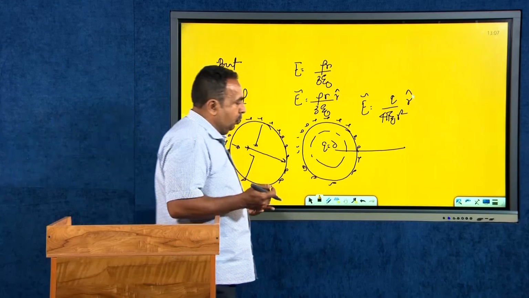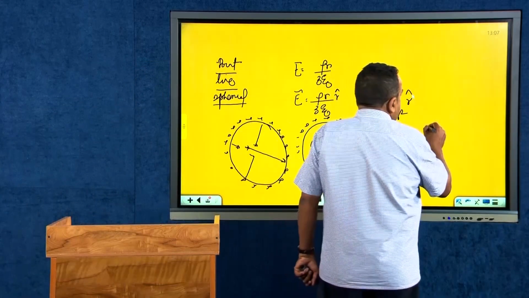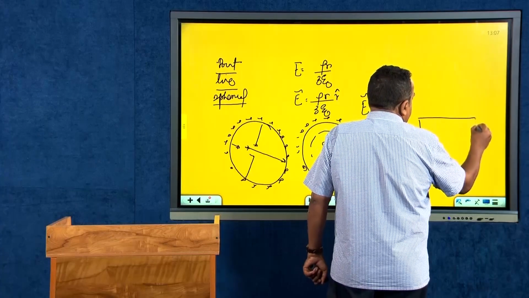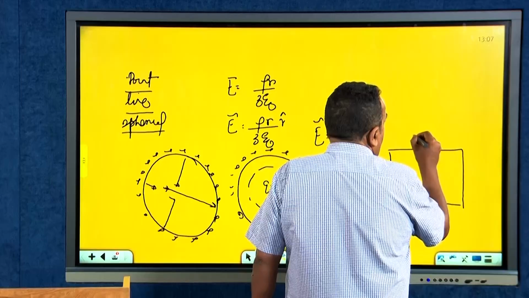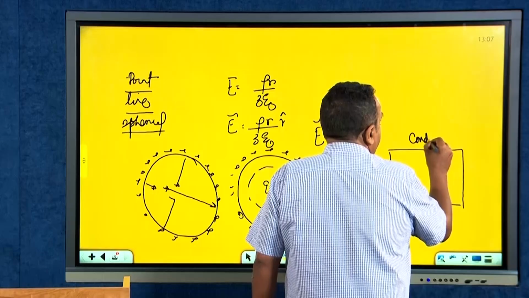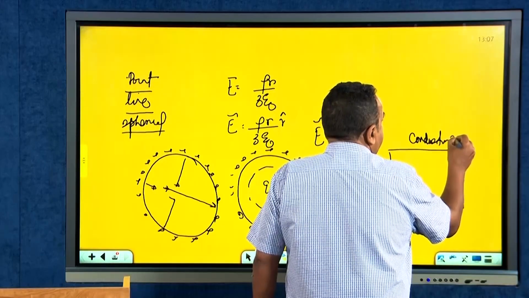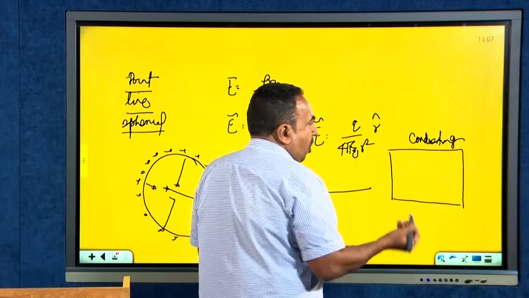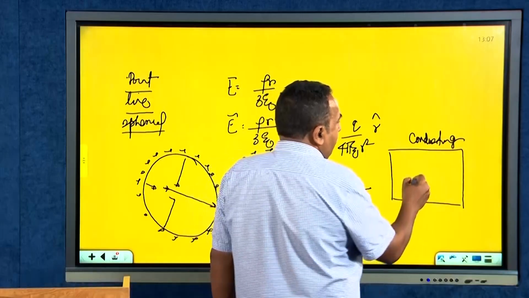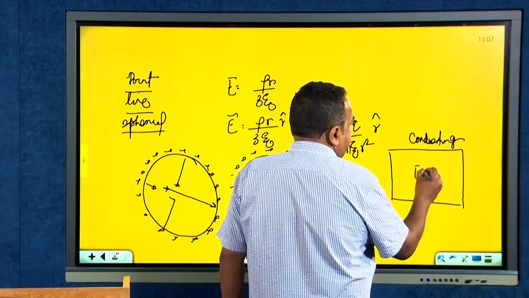If you extend this to any conducting object, the field inside a cavity, a metallic or a conducting cavity of any shape, you will never be able to get a field inside.